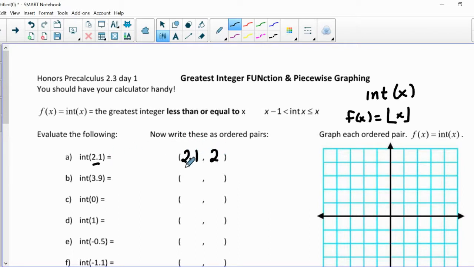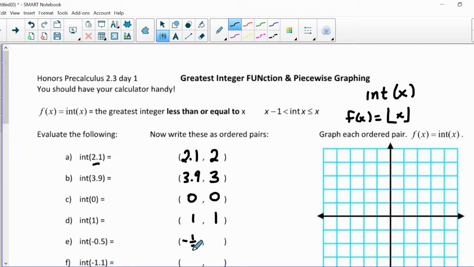I'm going to write 2 because that's below it. 3.9, the integer that's below it is 3. So in rounding, we would go up to 4, but we're essentially going down to 3. 0 is going to be 0 because you don't have to change it. It's less than or equal to. So then 1 is going to be 1.